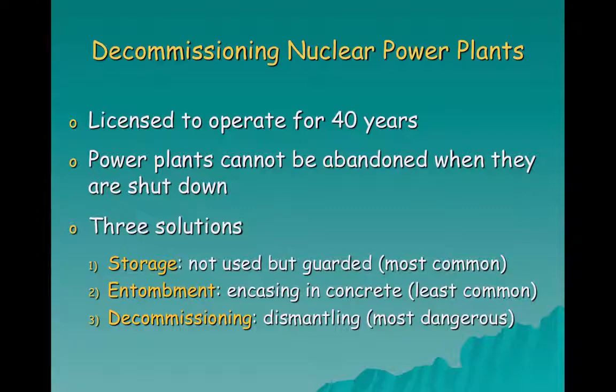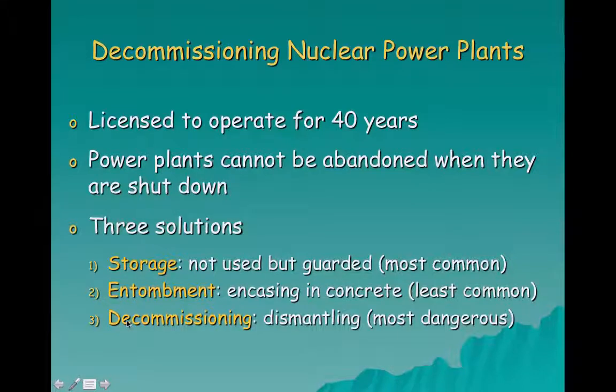So the three options basically are for storing it. Basically you don't use it, but it's just guarded, and it's the most common because it's the cheapest. Essentially you don't really have to do very much. You just close it off and then guard it. Entombment basically means encasing it in concrete, and that's the least common because you can imagine the work that would entail.